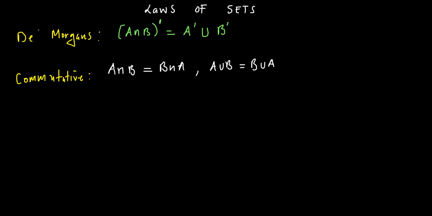The next law is known as the associative law. But before we deal with the associative law, let me talk about the distributive law. We know from mathematics that if you have got a, open brackets, x plus y, what will be the answer if you distribute?